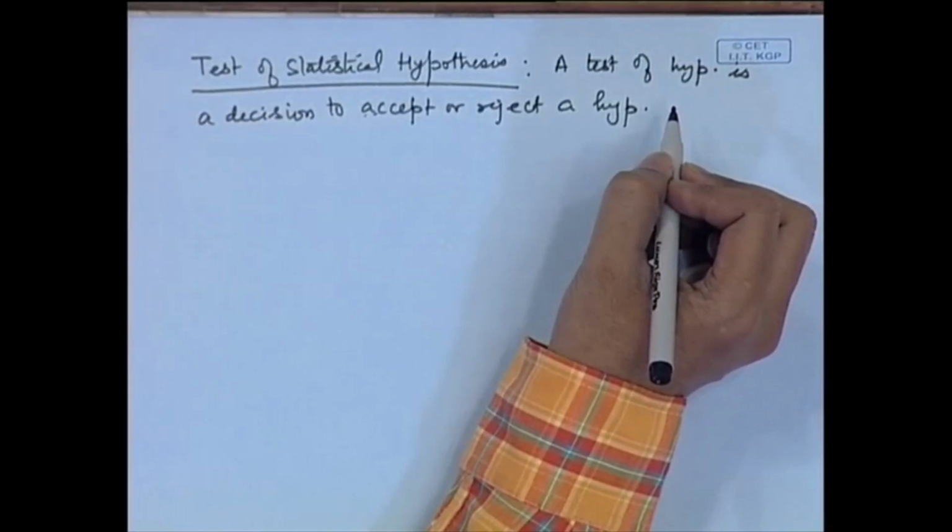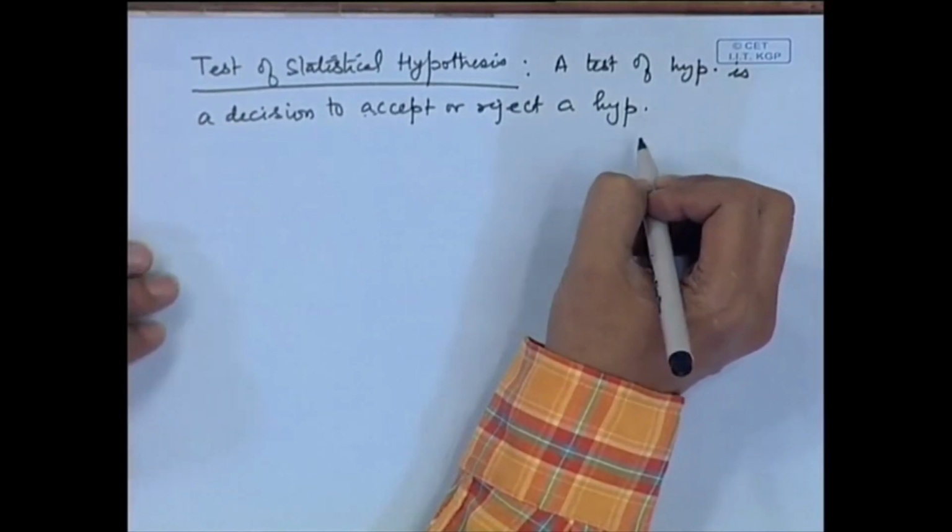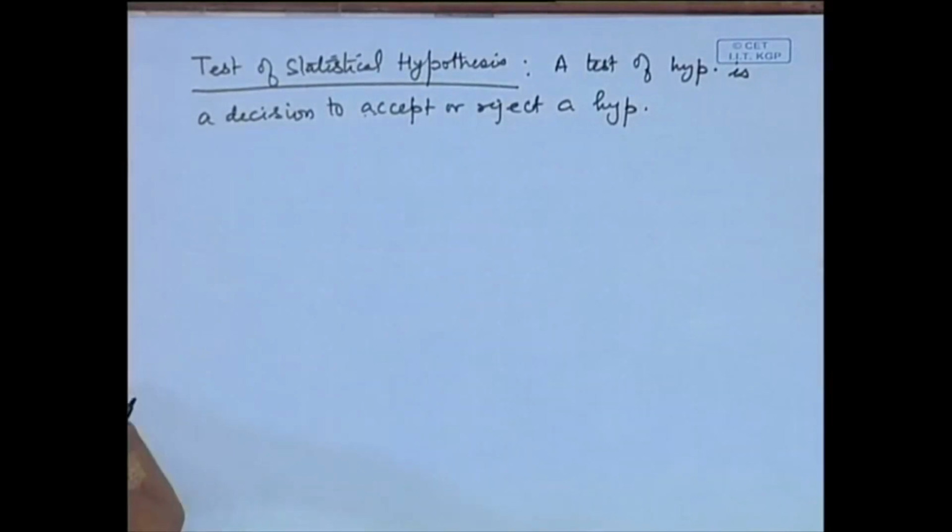Since the decision is based on only a sample, if the sample does not support the hypothesis, we say that there is no reason to accept the hypothesis, or you can say the hypothesis is rejected on the basis of the given sample.